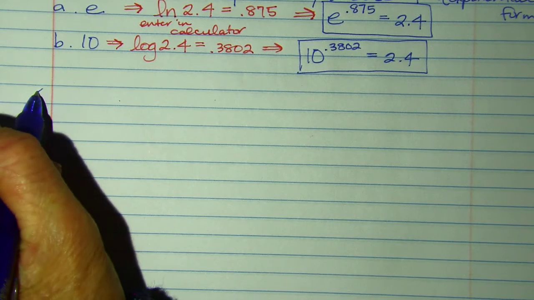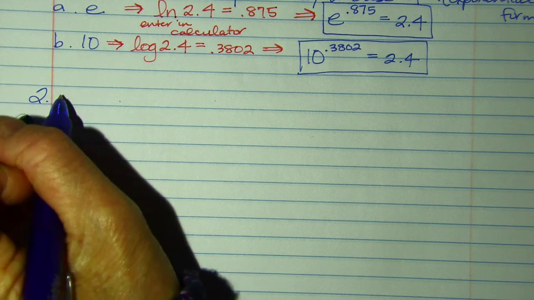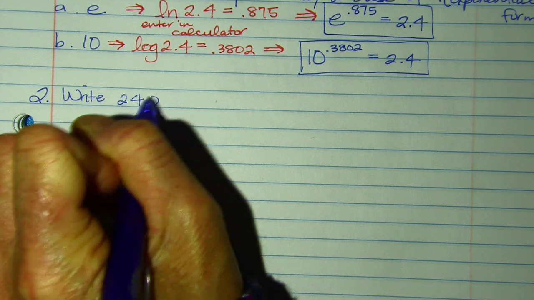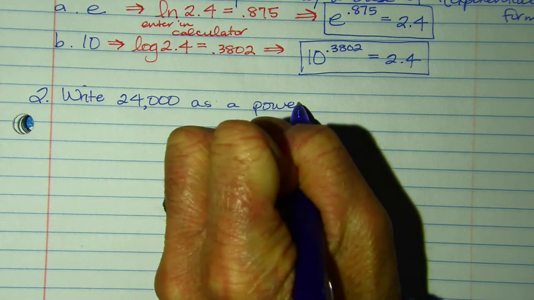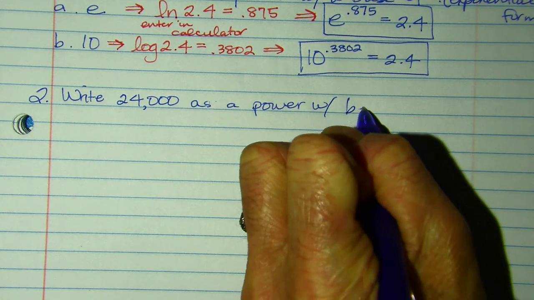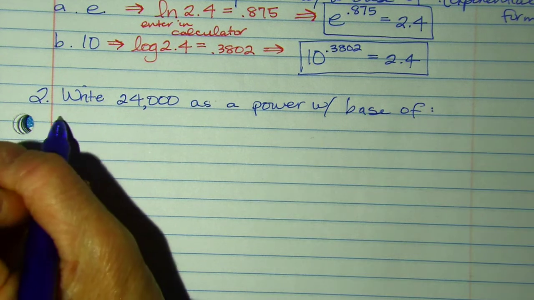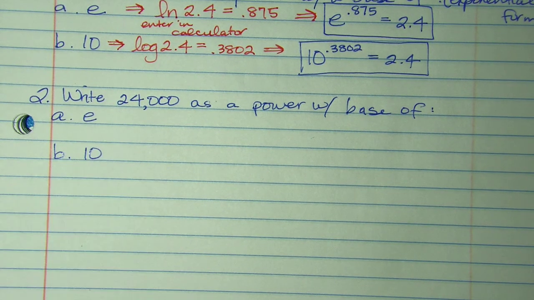Okay, so number 2, we're going to practice that so you can pause if you'd like. Write 24,000 as a power with base of part A, e, part B, 10.